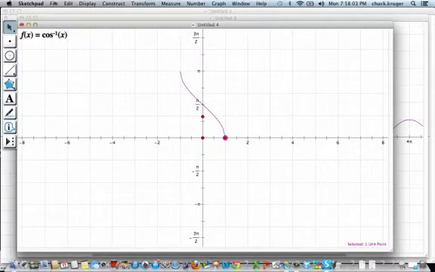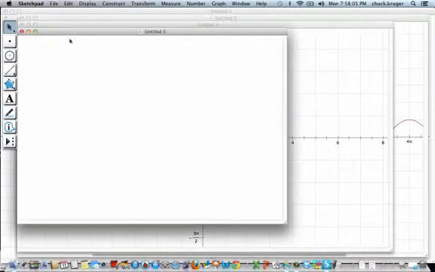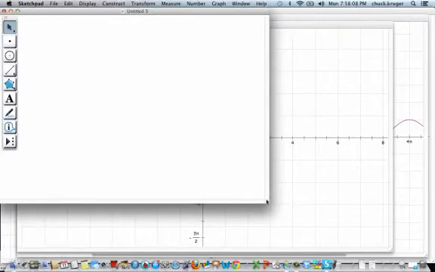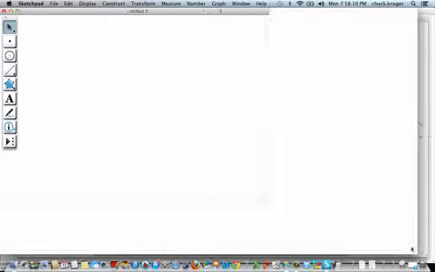And I'm going to make another one. Since I can make multiple sketches, I will. Here's the tangent.